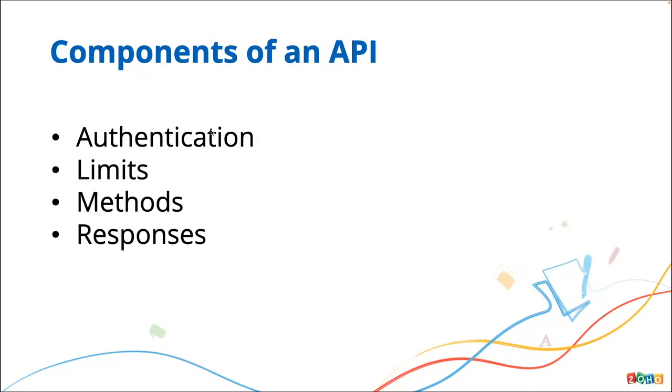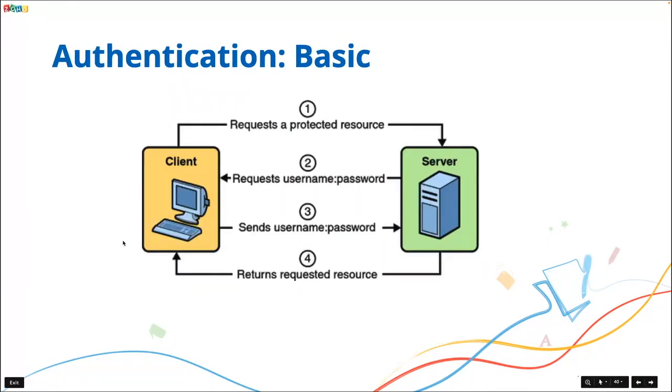There are some components of an API that we need to be familiar with in order to use it: authentication, limits, methods, and responses. Authentication is the basic method that happens between the client and the server. We have a client who is requesting a resource from the server.